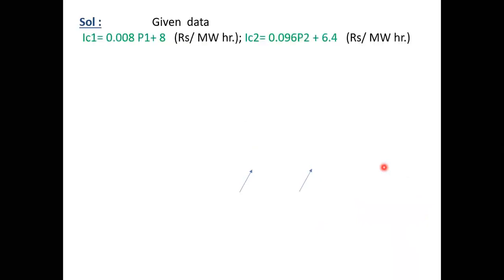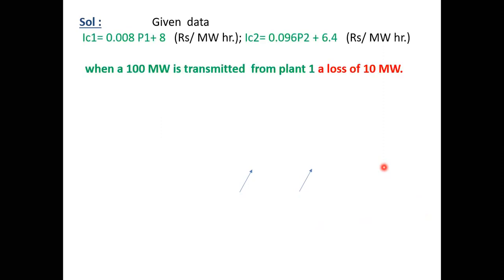That is IC1 and IC2. Similarly, one more important point is that when 100 megawatt is transmitted from plant 1, a loss of 10 megawatt occurs in the transmission line. This is very important. Similarly, we have lambda equals 25 rupees per megawatt hour.